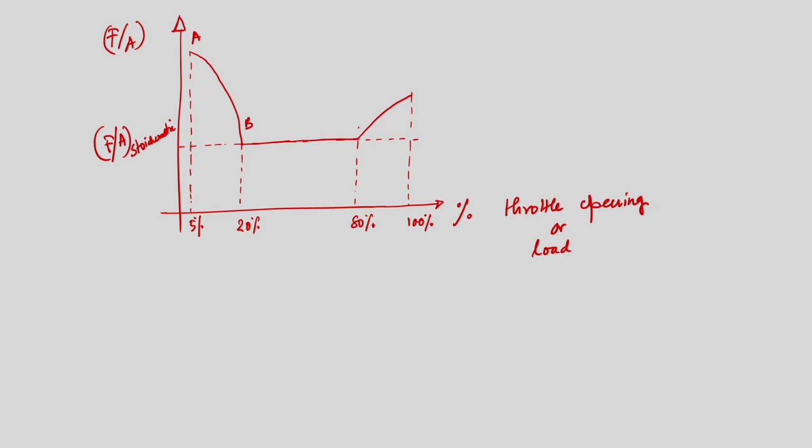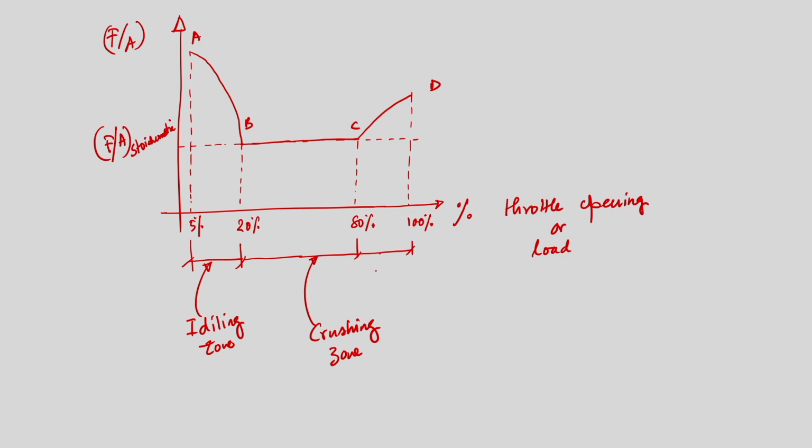So, A, B, then C and then D. A to B is the idling zone, then 20 to 80 is the cruising zone, and 80 to 100 is the power zone.